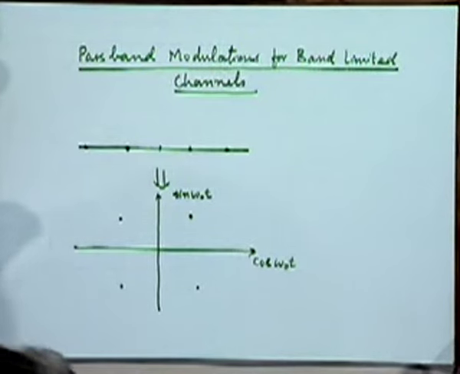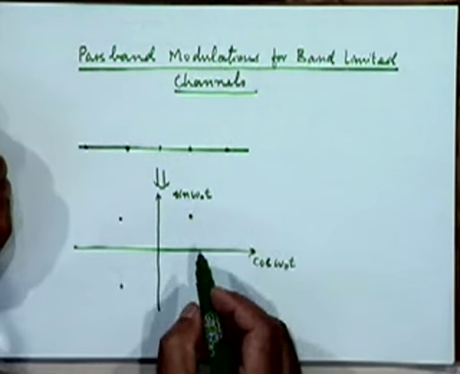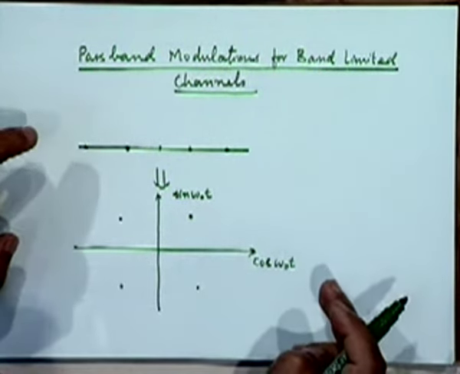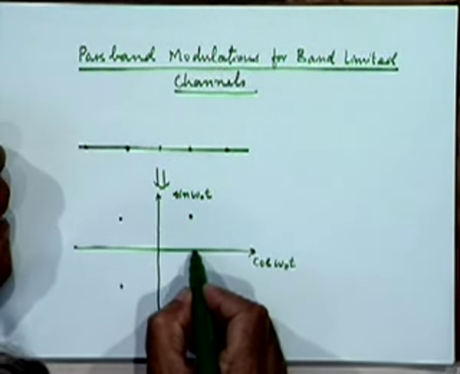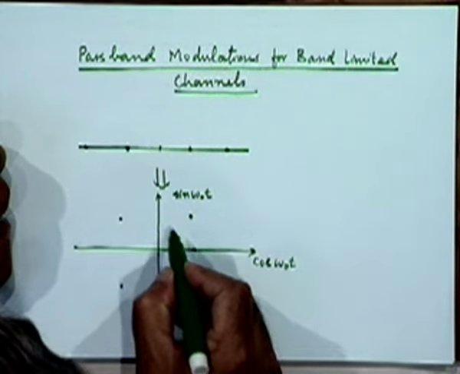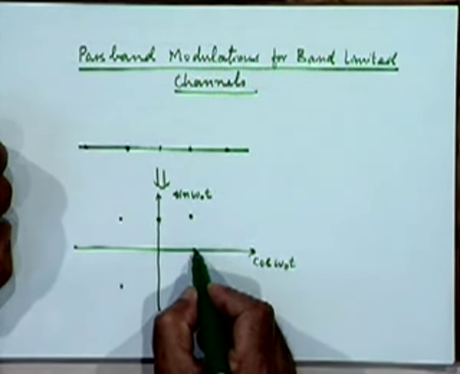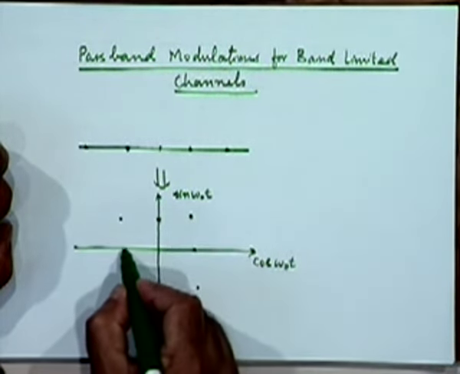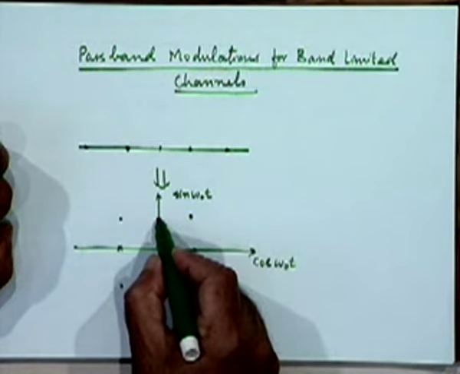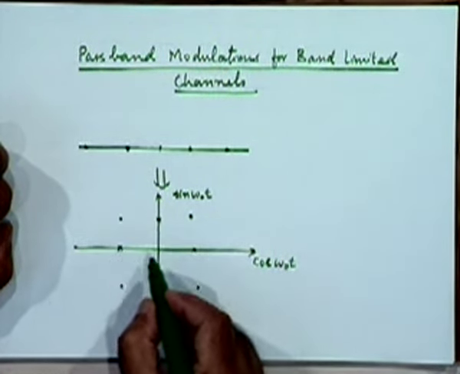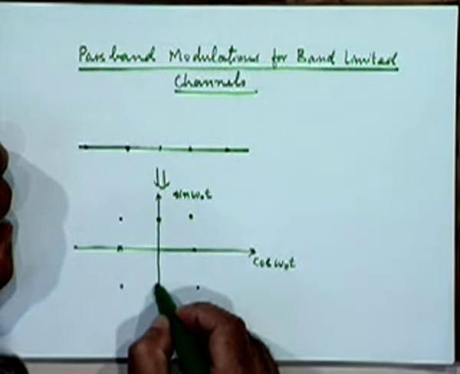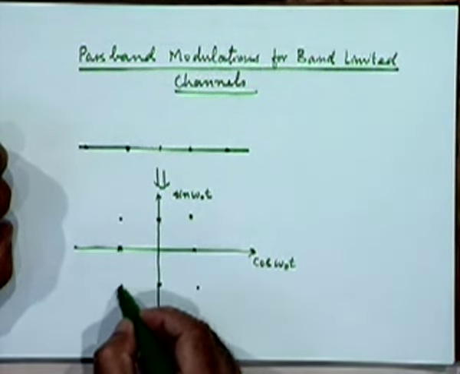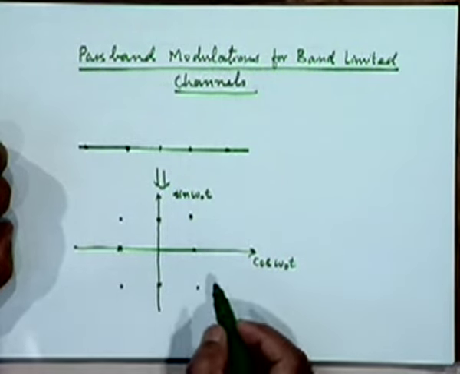So if one bit is modulating this and the other bit is modulating this simultaneously, and both of these modulations are taking place together, then effectively when you sum up these two channels together, we will get a point which is the resultant of this point, and let us say if both are 1, right, the resultant of these two which will be this point. If we are getting a 0 and a 1, the resultant will be this point. If we have on this channel this point and on this channel this point, then the resultant will be this point, right, and so on.